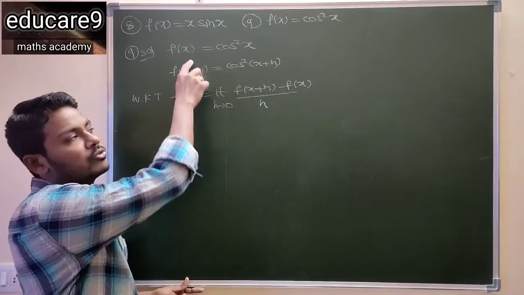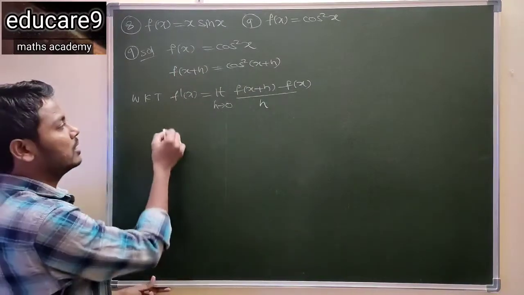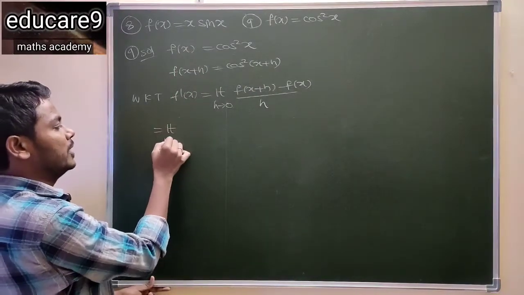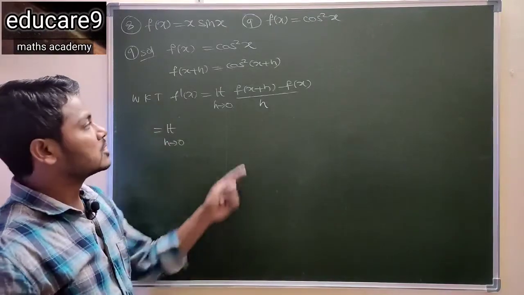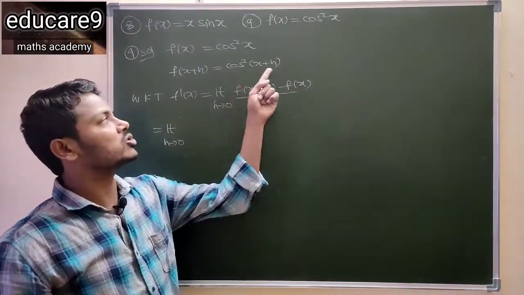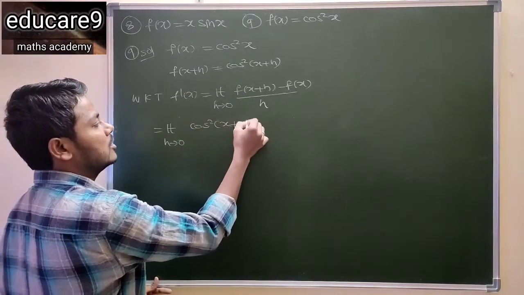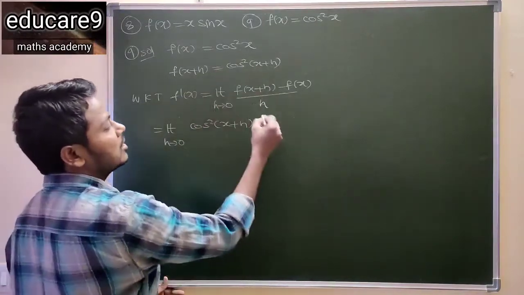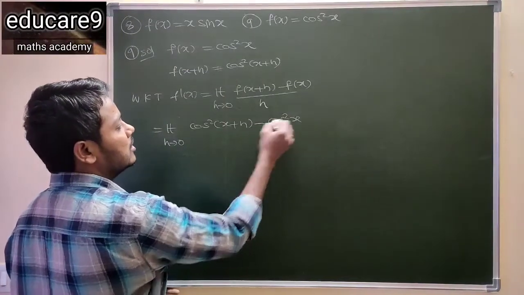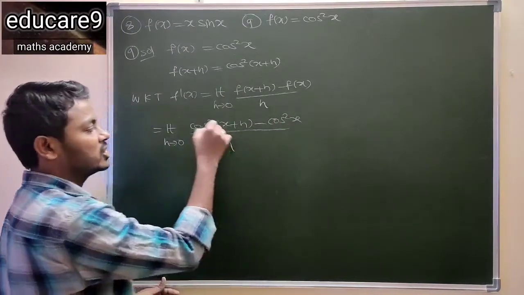Substitute both the functions in the given limit. So what is f of x plus h? cos square (x plus h) minus f of x, cos square x. So divide by h.